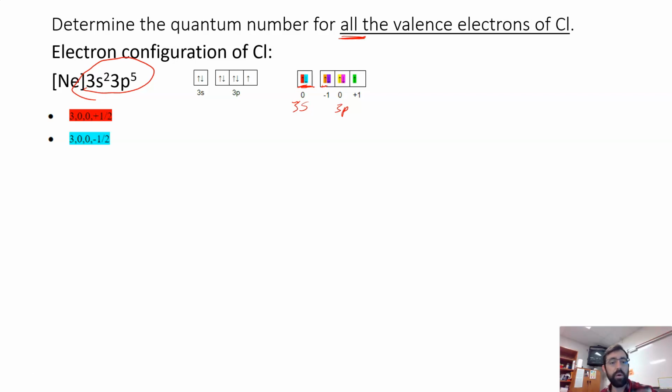P is not 0 but 1, and then we need to decide which orbital it's on. It's on the one to the left, which is assigned a -1. And it's an up arrow, so that would be +1/2. So that's what we get, 3, 1, -1, +1/2.